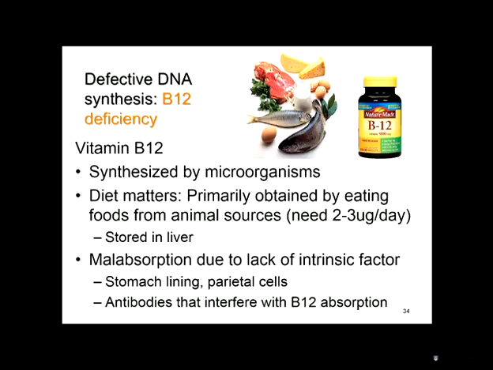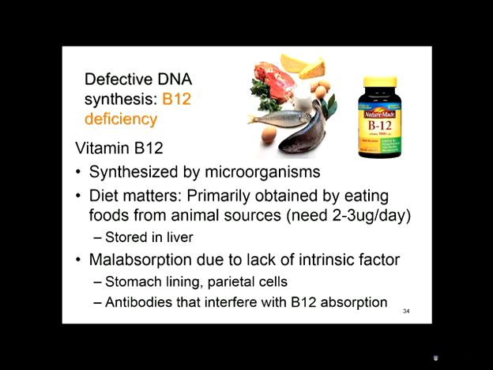Now, besides not getting it enough through diet, there are certain intrinsic systems. So, for example, in the gut, you will remember in the stomach lining, in the fundal area of the stomach, there are cells called parietal cells. Remember that? Those are the source of intrinsic factor. And why do we need intrinsic factor?